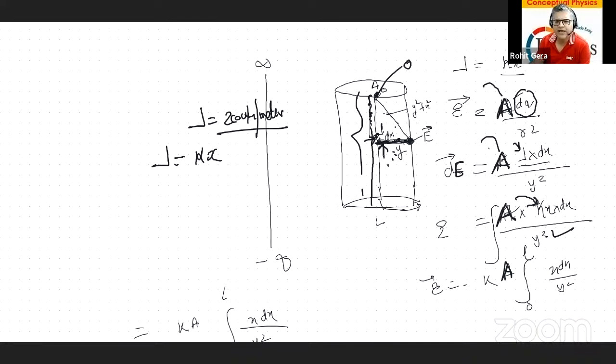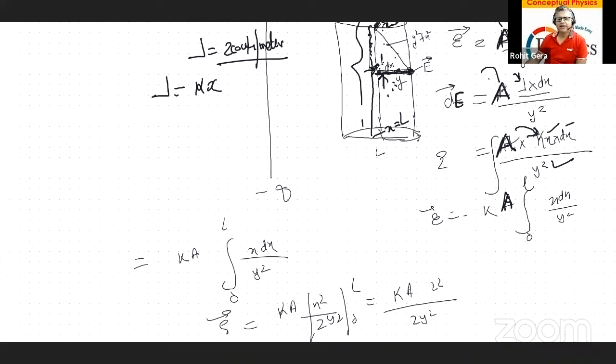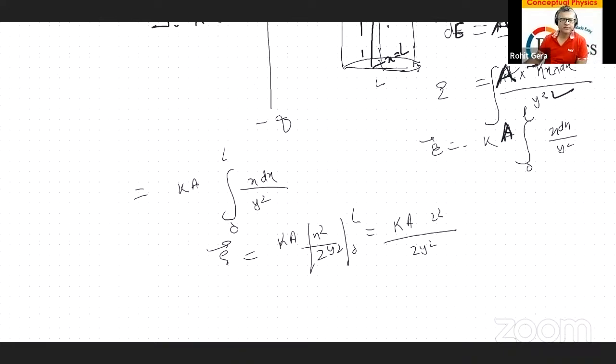So अभी x is changing from 0 to L. x is equal to 0 and this is x is equal to L. इंटीग्रेशन हो गई बेसिकली, और क्या हुआ, lambda, dx हो गया, x स्क्वायर dx बाई 2 लिख दिया इसको, और फिर 0 to L डाल दिया आंसर. This is a general expression.